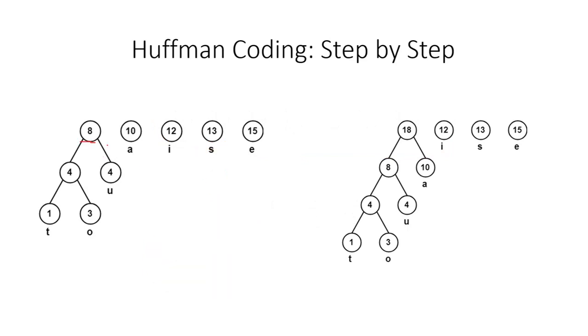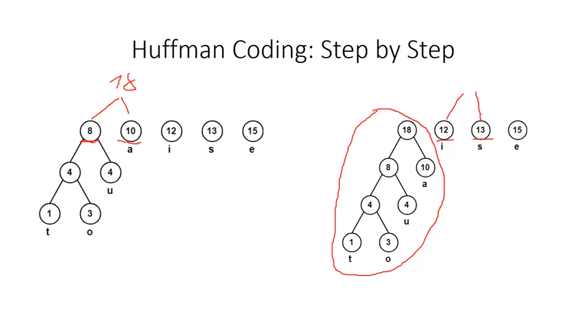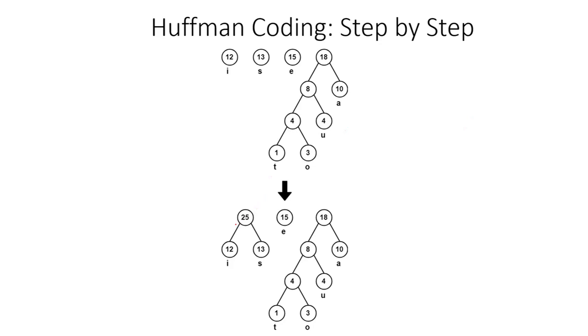Then we merge the next two least frequencies, this node and this node, and we get a new tree with the root of 18. On the next step, we see that the least frequencies are the nodes of 12 and 13. So we merge these two trees, and we have one tree with a root of 25 and one tree with a root of 18.